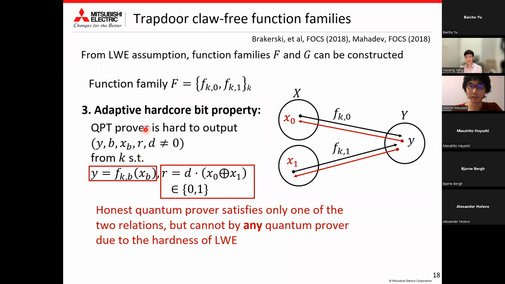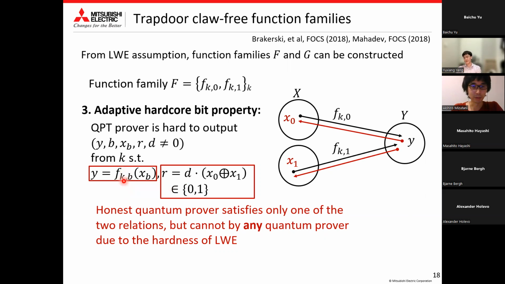So I make some remarks about the adaptive hardcore bit property that I explained minutes ago. Again, this is the property that the quantum polynomial time prover has to output these 5 parameters such that these 2 conditions are satisfied. This property holds for any polynomial time quantum prover. So of course, this condition holds for the honest quantum prover. Honest quantum prover means the strategy that I explained so far.